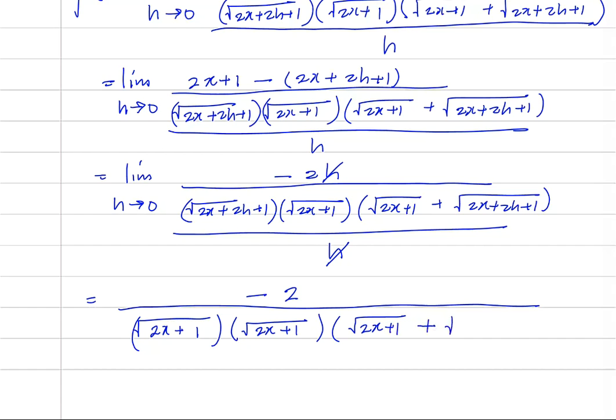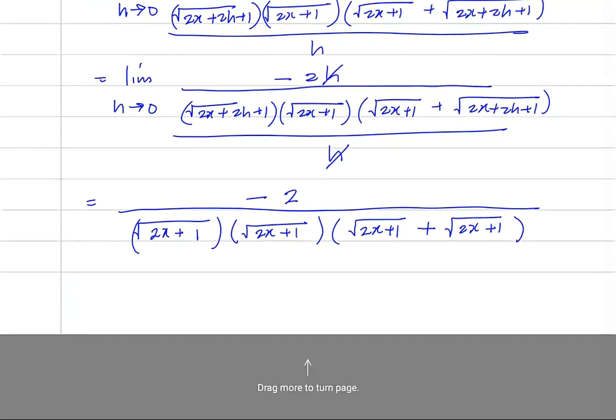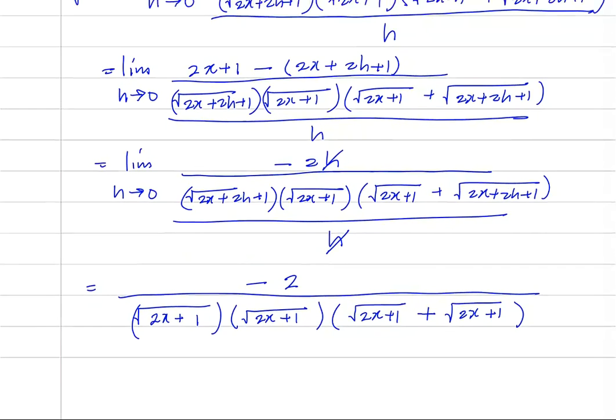The root of 2x plus 1. Because remember, direct substitution, we're going to put h as 0. 2 times 0 is 0. So that h term disappears.